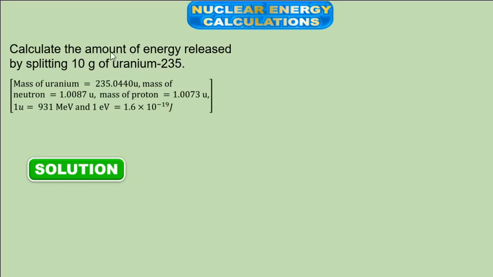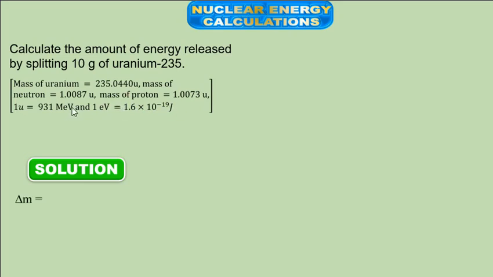We want to find the energy that will be produced when only 10 grams of this is converted to energy. And then we have the mass of uranium given, and the mass of neutron and the mass of proton given in atomic units. One atomic unit in terms of energy is 931 mega electron volt. And remember, don't forget, 1 electron volt is equivalent to 1.6 times 10 raised to power minus 19 joules.